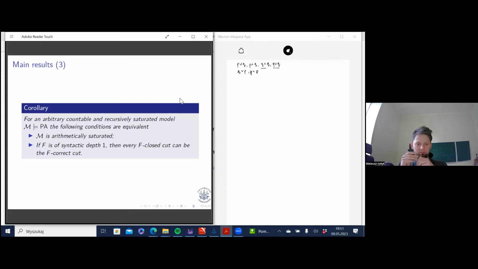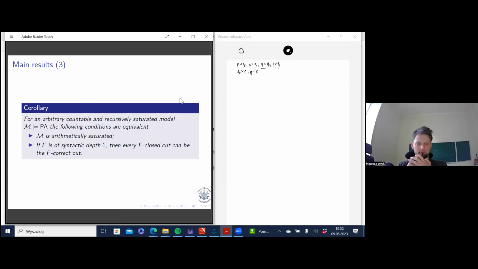Or if it fails to be arithmetically saturated, then there are necessarily some cuts which we'll see are neither separable nor have no least F gap, or something like that.